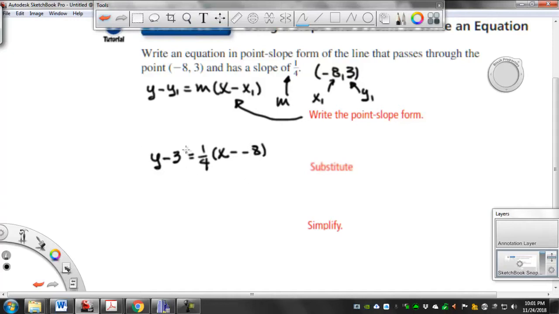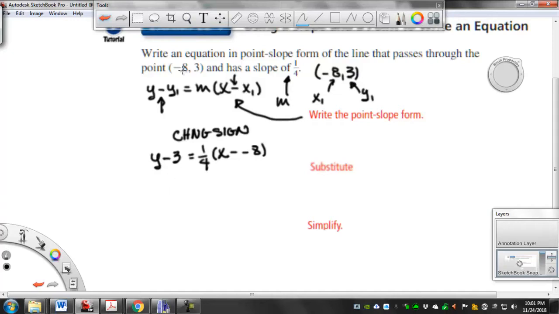Now this is the idea here, because of this negative sign that's built into the formula there, what it causes is a sign change to these ordered pairs. So always remember that you're going to have to change your signs as you substitute them in.